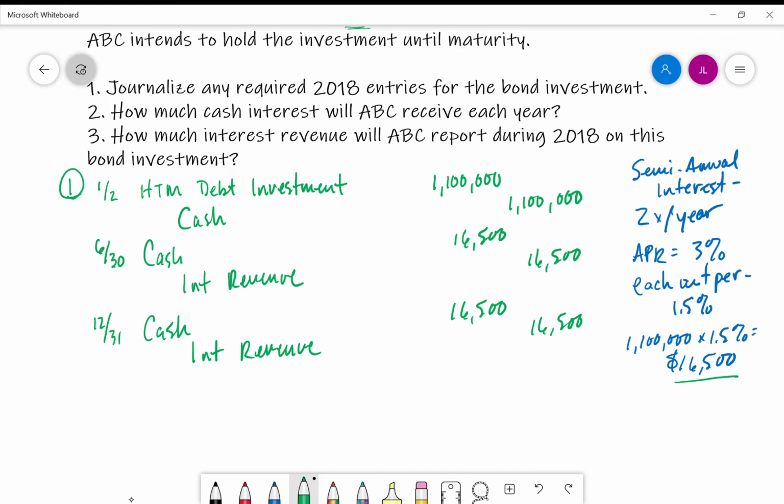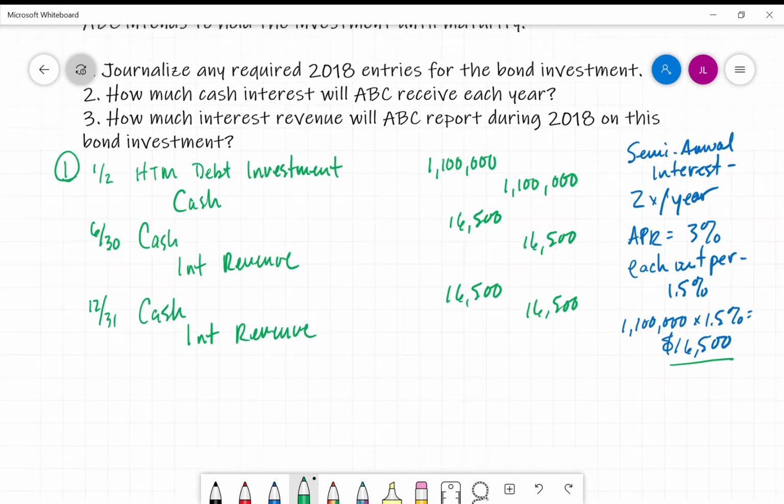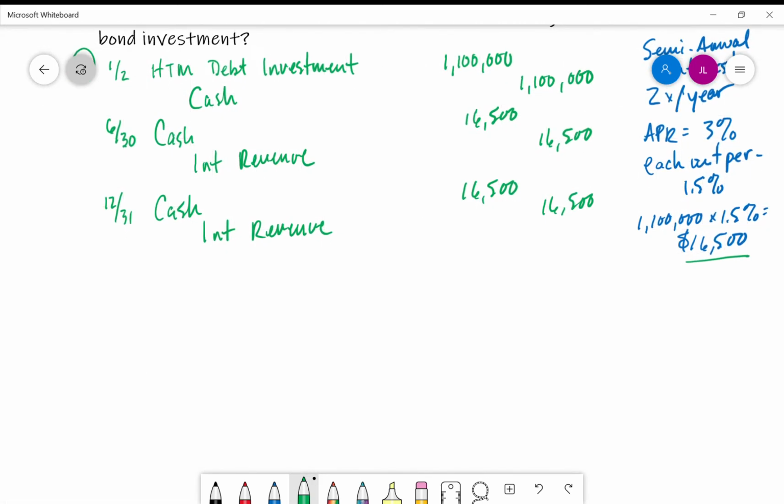Number two says, how much cash interest will ABC receive each year? If we want to calculate that, there are two ways we can do it. 1,100,000 multiplied by 0.03, which is the decimal equivalent of 3%, gives us 33,000.